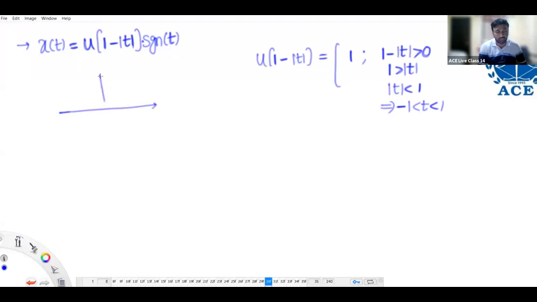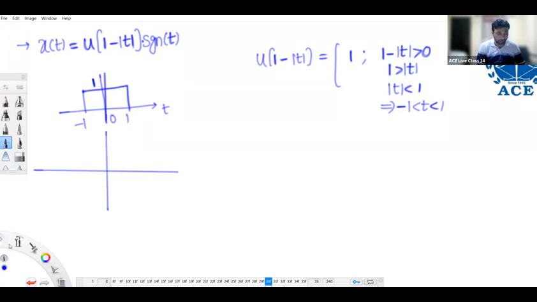Indirectly, it is a rectangle from minus 1 to 1. That signal we are multiplying with signum.